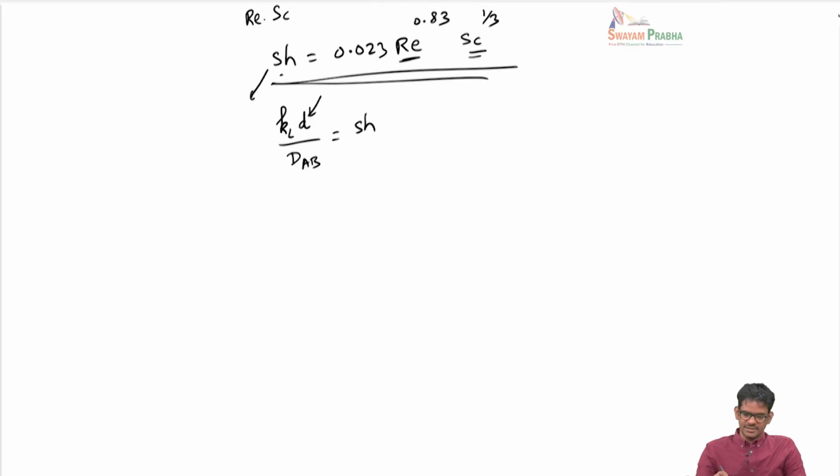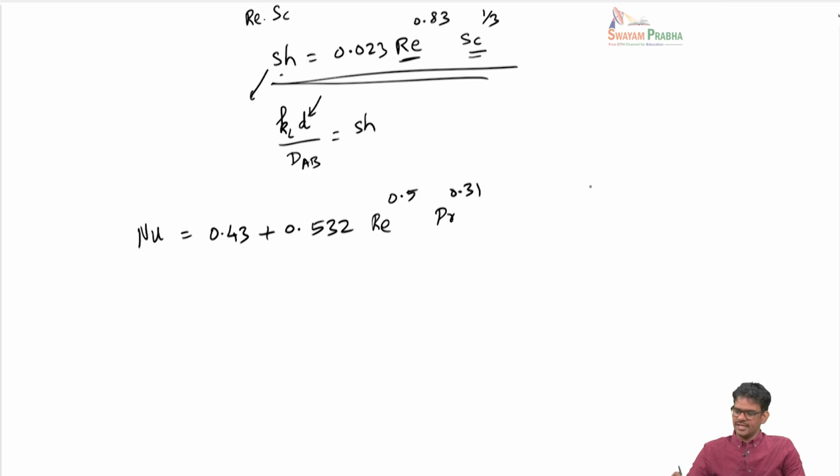So let's say you have an expression for Nusselt number. I am giving an example here. So this is the relationship for heat transfer occurring from a cylindrical pipe where the flow is perpendicular to the long axis.